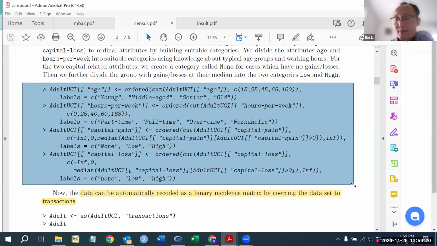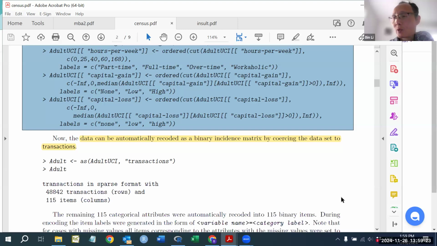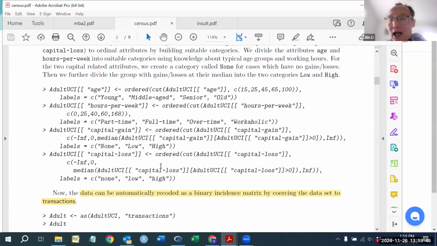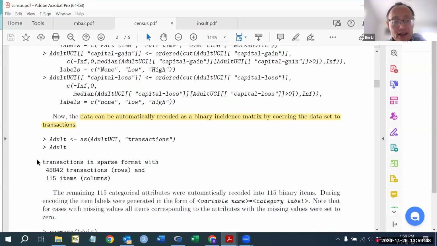Then we have to do one more step before we can do the association rule mining. That is the as function applied to this data set's name, with transaction. So what does that mean? This line just recoded this data set as a transaction data set. That means after this step, this becomes a transactional data set with how many columns? We have about 48,000 rows.